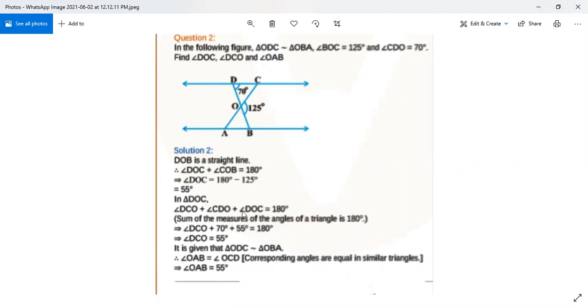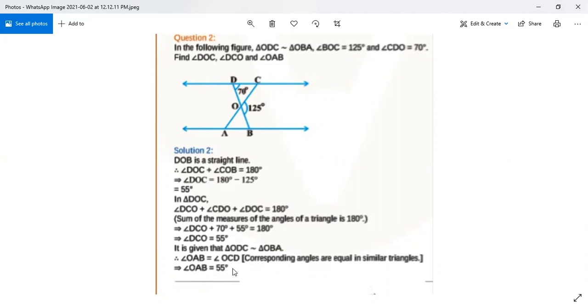And then you're going to use your angle sum property in that triangle to find your third remaining angle out here, which is also coming as 55. And then this is how you have to quote it, that it is given that the triangles are similar, so the corresponding angles of similar triangles are equal. Hence this angle A will be equal to angle C, and that is why this is also 55.